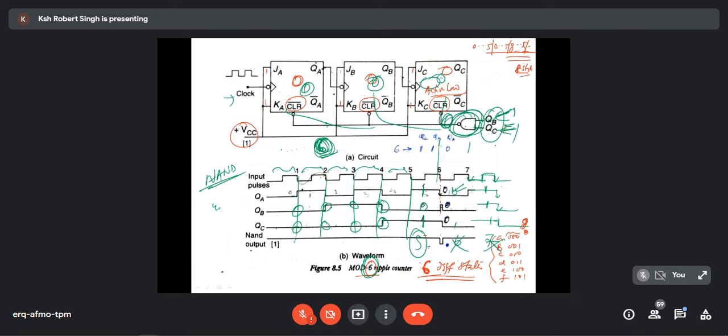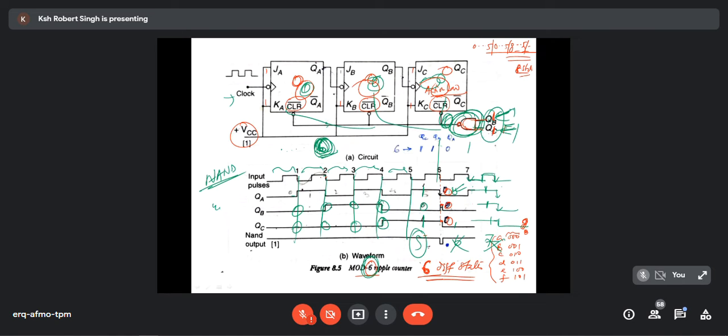See, for a very small time here, QB is 1. QC is also 1. Normally it should be 1. But since the output is fed to the NAND gate, intentionally I'm designing this circuit. As soon as QB and QC try to become 1, suddenly all the flip-flops get reset or cleared.